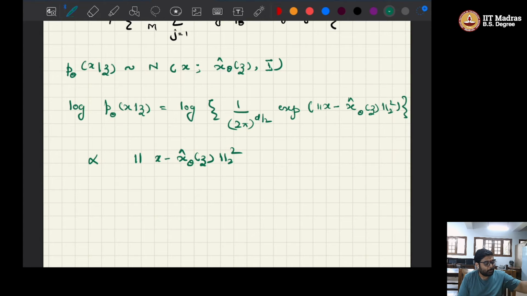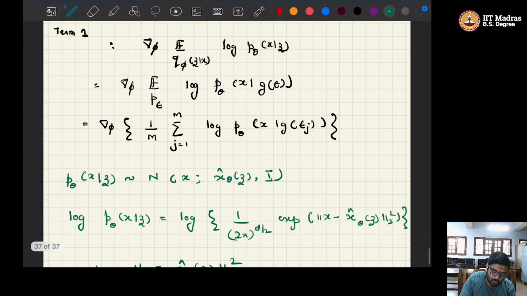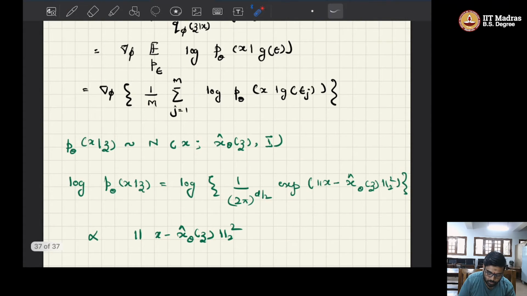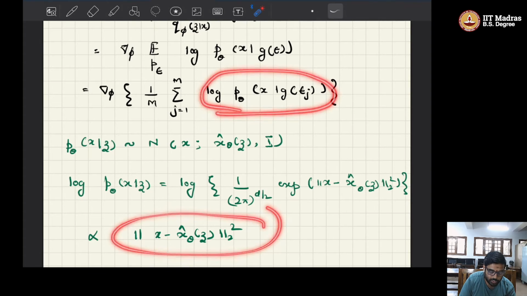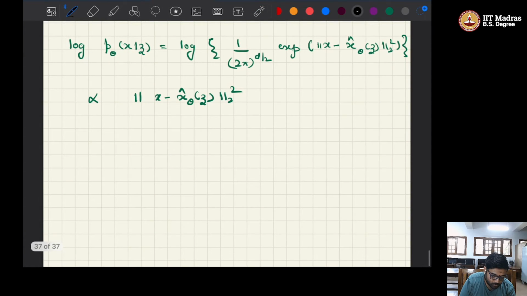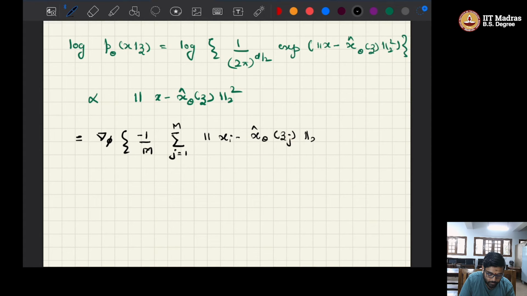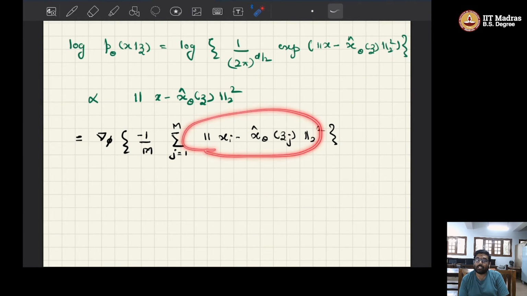So now if you substitute this in the equation that is here, then the gradient term that you have will be proportional to minus 1 over m, summation j equals 1 to m, of the second norm of xi minus x cap theta of zj. Now this is nothing but the reconstruction.